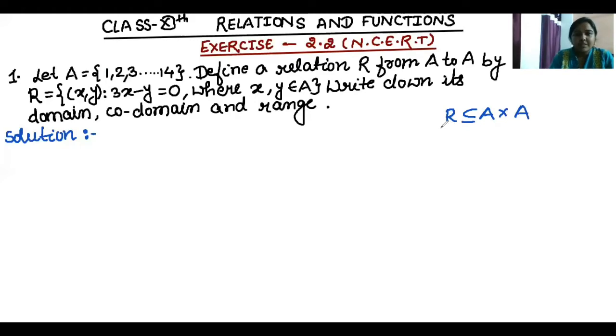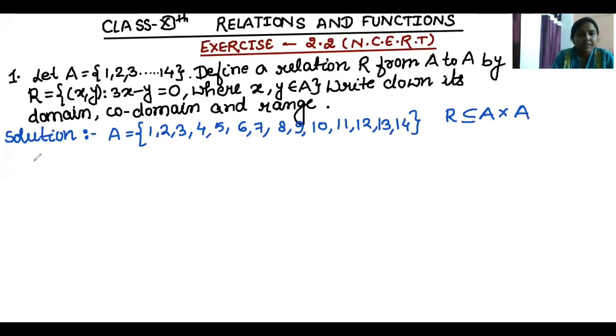So we will start this question. First of all, I'm going to write A. A is 1, 2, 3, 4, 5, 6, 7, 8, 9, 10, 11, 12, 13 and 14.